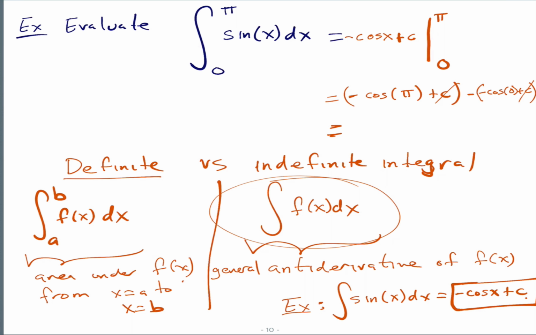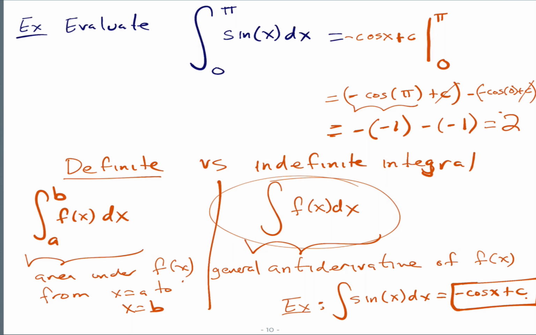So then what did we end up getting for this? This is minus what? Cosine of pi is -1. And then minus 1. So what is that? 2.